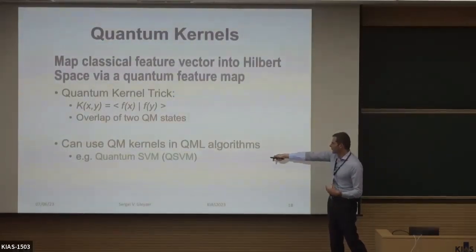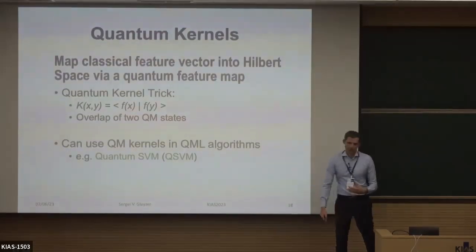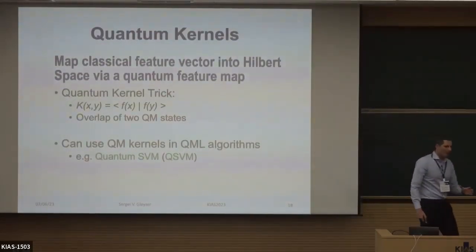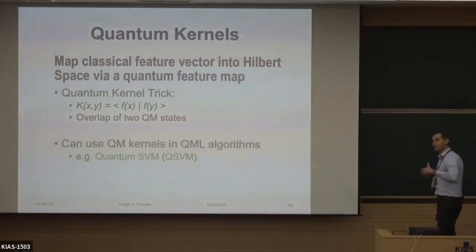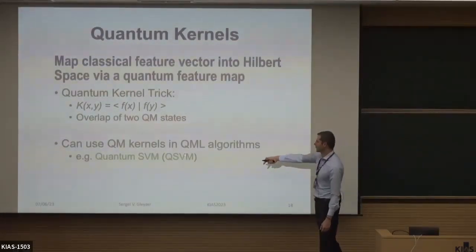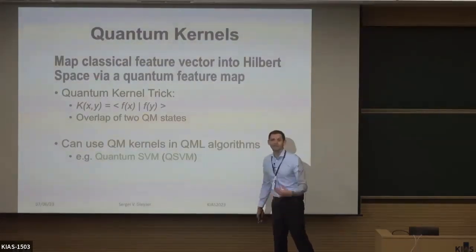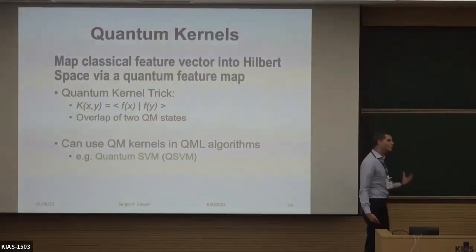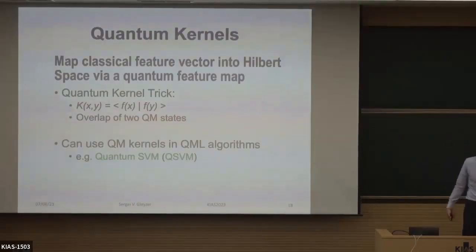It turns out that there are algorithms such as support vector machines, which we'll talk about in a moment, that in classical machine learning leverage this kernel trick quite a lot. So we'll be able to build a quantum version of that. In fact, that was one of the very first quantum machine learning algorithms because it was a very natural extension.